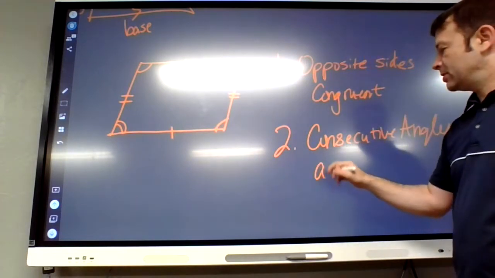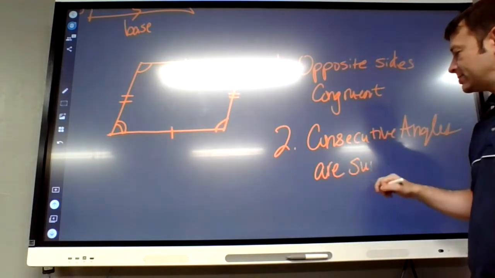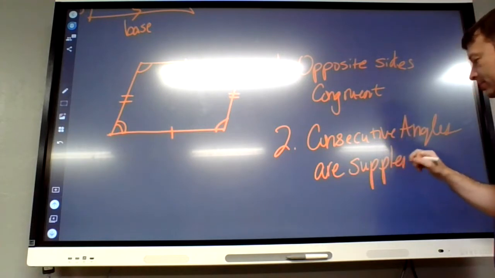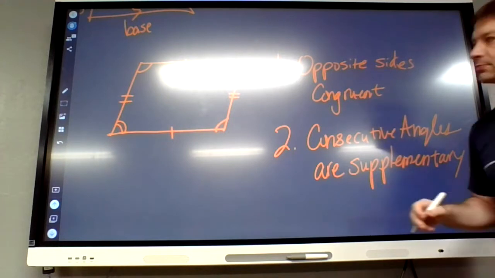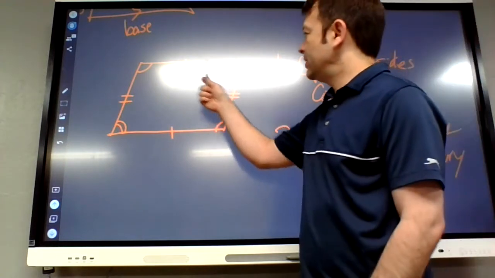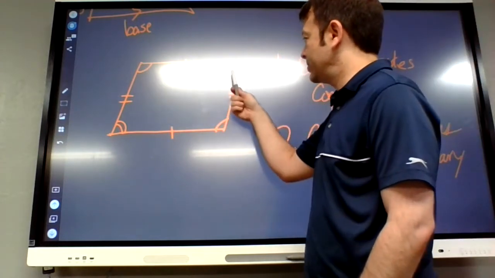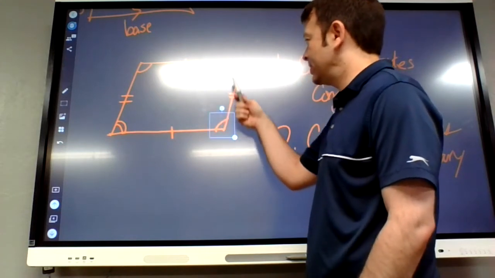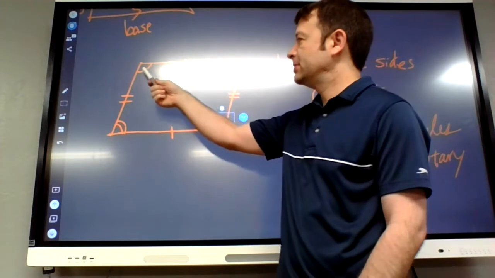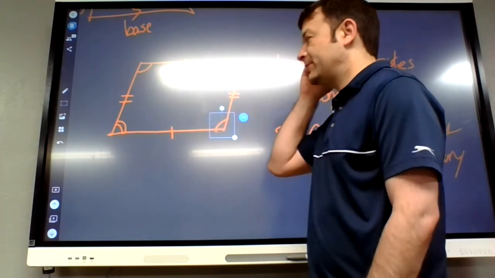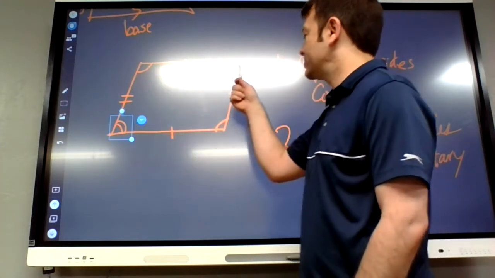Consecutive angles are supplementary because basically they're same side interior angles between parallel lines, so they have to add up to 180. Well, if this angle adds up to 180 with this, and this angle adds up to 180 with this, guess what else I know? These two would have to be the same, and these two would have to be the same.